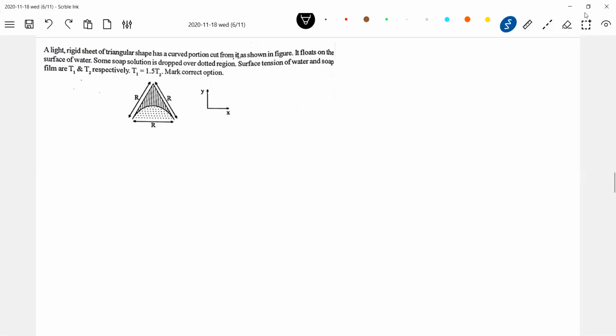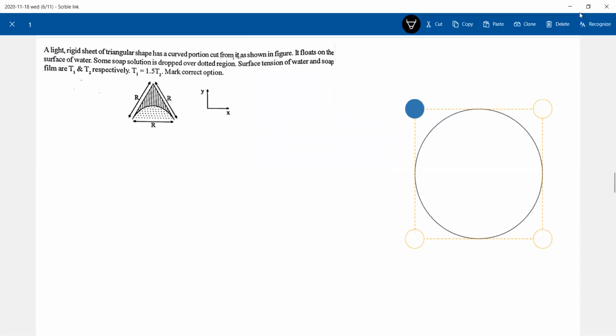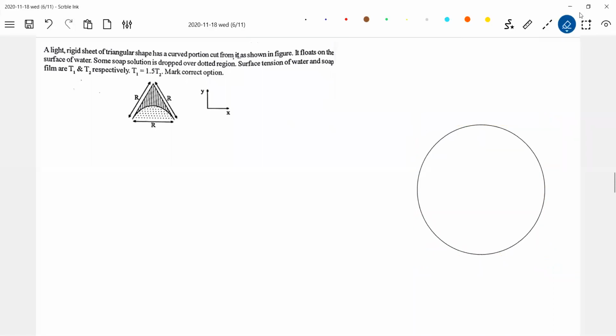Okay, we have... I think a semicircle is needed. I'll adjust the diagram. Give me some time.